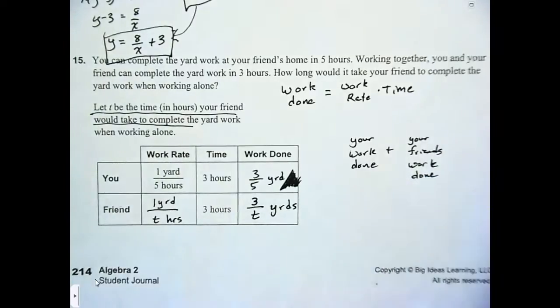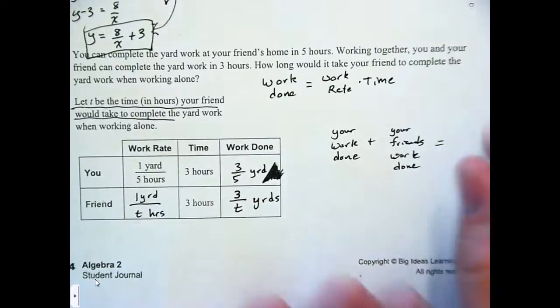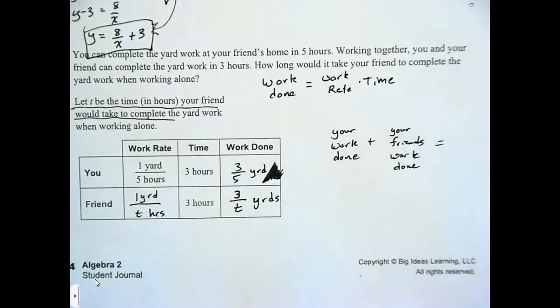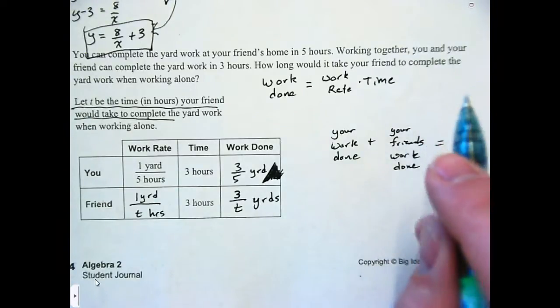Okay, your work done plus your friend's work done equals 1/3. 1 yard per 3 hours. Everyone agree? That would be work rate, wouldn't it?